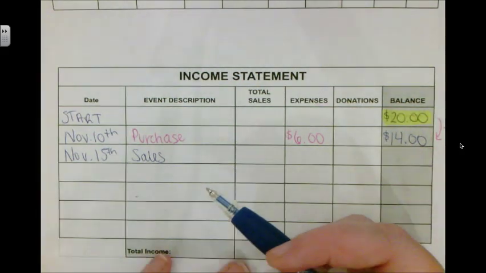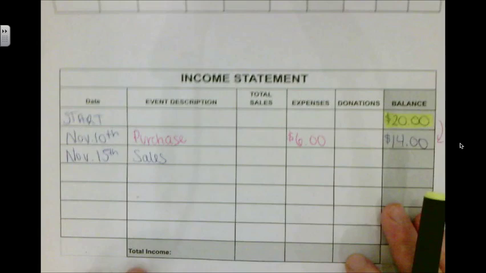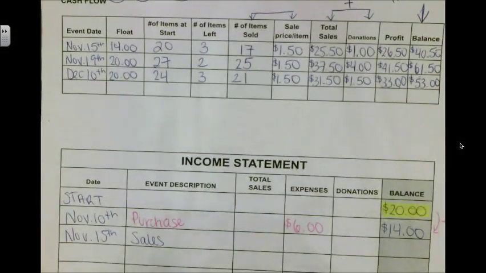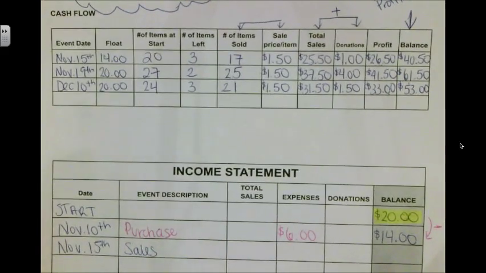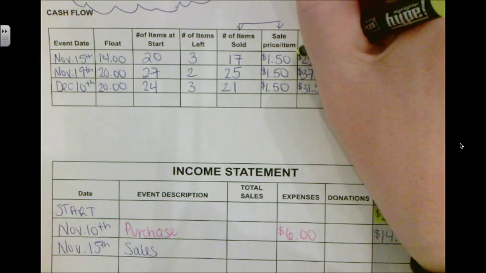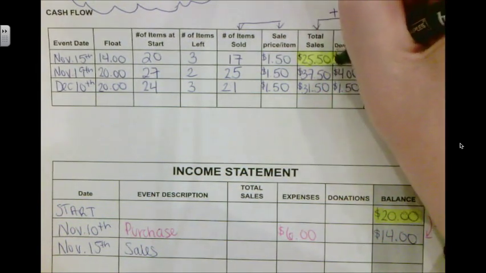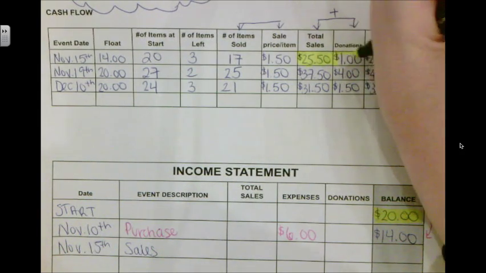But if you go back and look at your cash flow, we had calculated the total sales and we had kept track of the donations. So if you look up here from November 15th, I had $25.50 as my total sales plus $1 for donation. And we already know the total of that is $26.50.